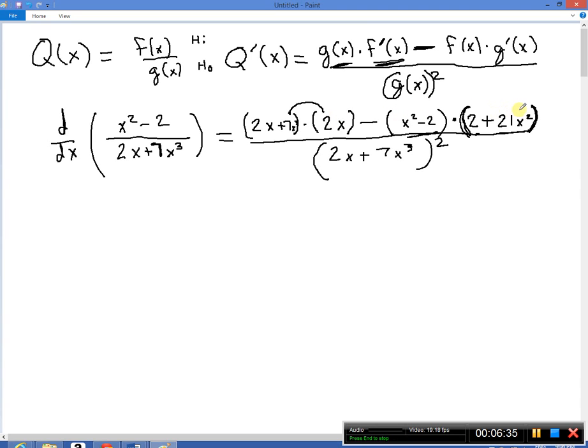And I'm going to have a 4th degree term over here, too. Here's a 21x squared that's got to get multiplied by x squared. So I'm going to end up with 21x to the 4th. So I don't really want to have two 4th degree terms up there, so I would have to bring them together. But to bring them together, I'd have to multiply all this out and then FOIL this stuff, right?